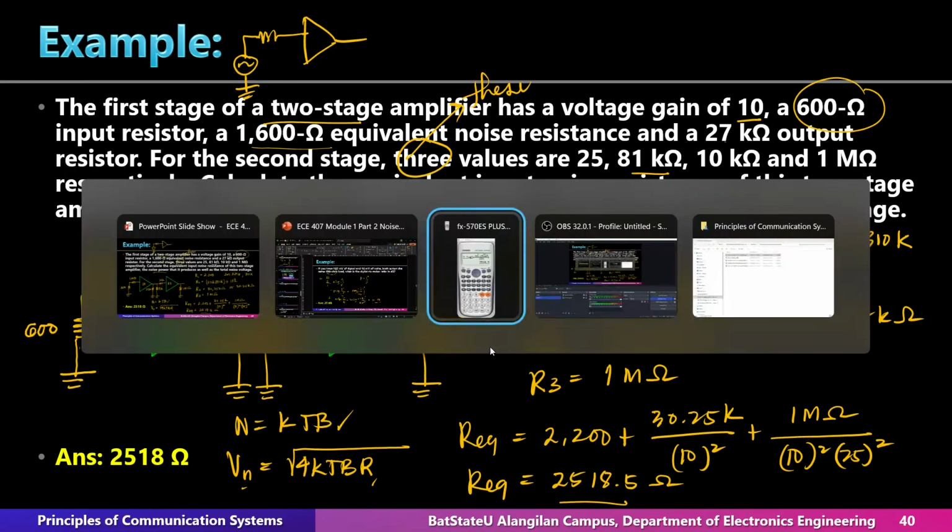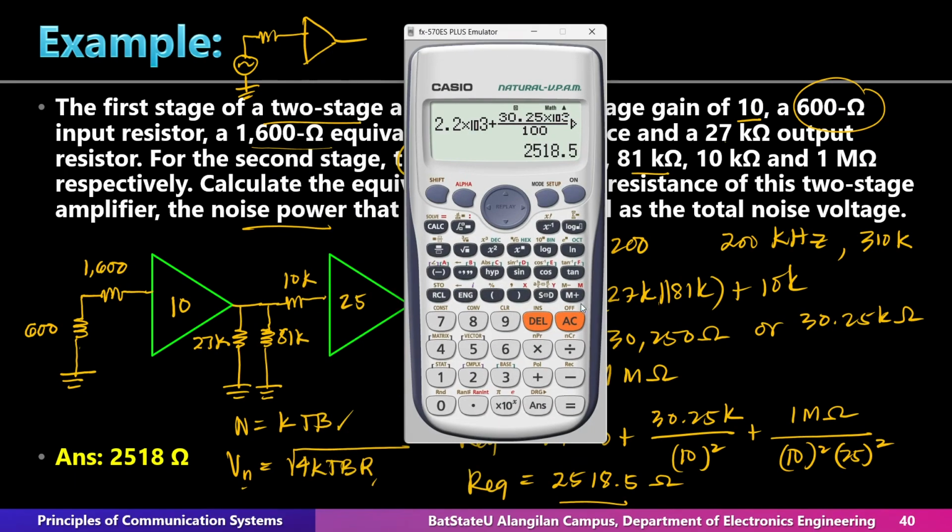Let's compute the noise power: KTB is 1.38 times 10 to the negative 23 times 310 kelvins times the bandwidth, 200 kilo, times 10 raised to 3.